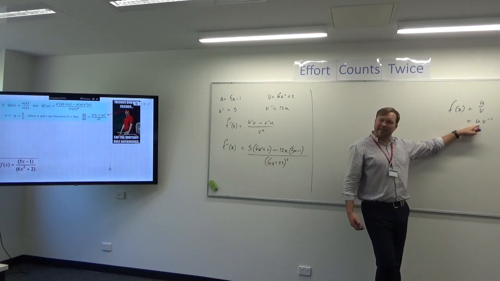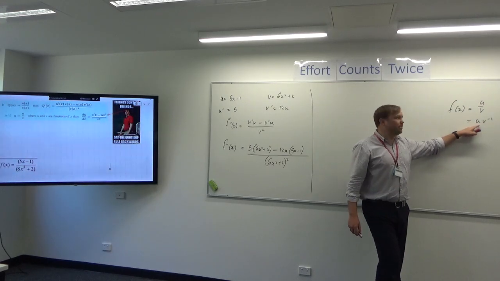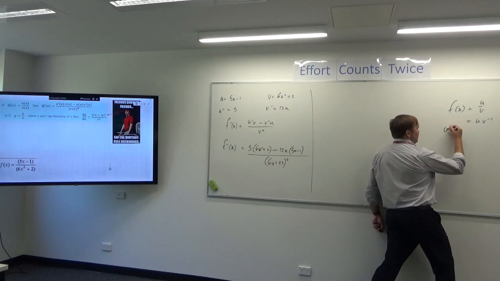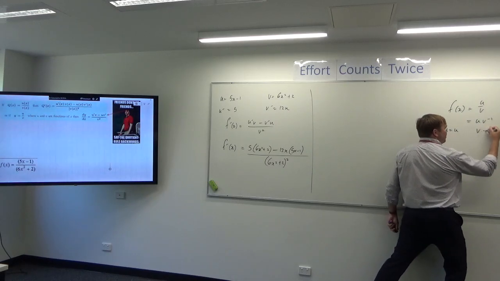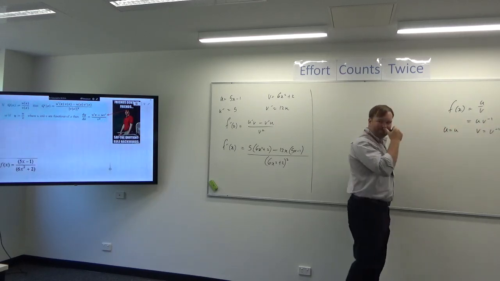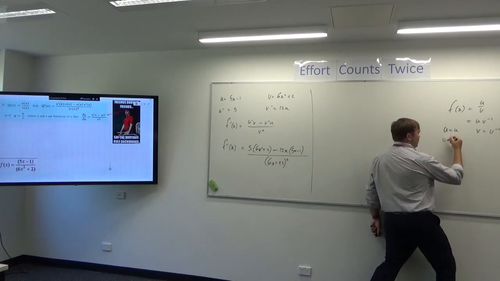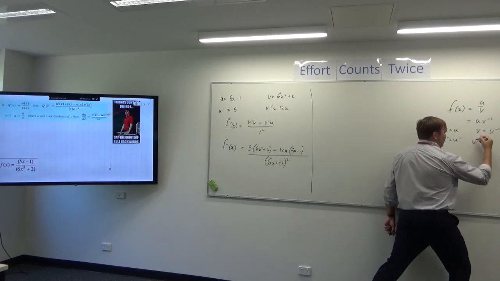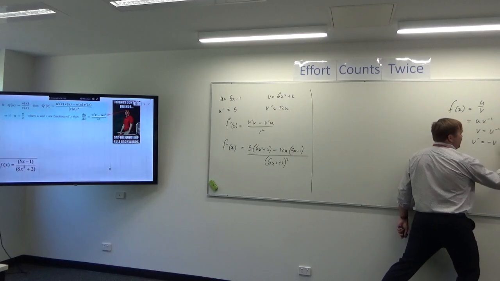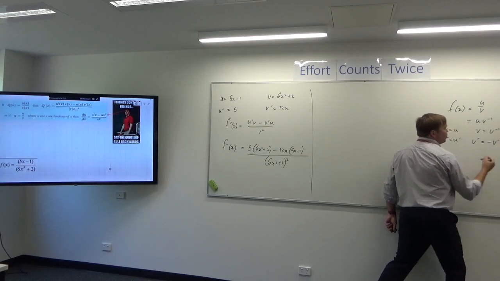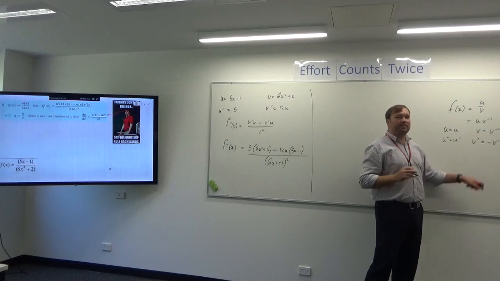Do you want me to show you why? Are we a little curious? Sure, we'll be a little curious. Here, in this case, u is u, and for product rule, v is v to the minus 1. U dash is u dash, v dash is minus v to the minus 2, because we've differentiated that.